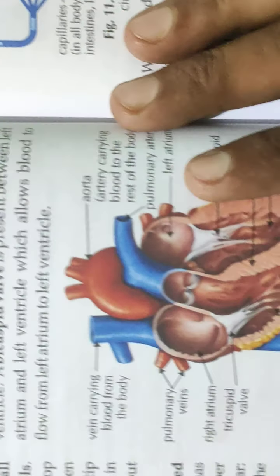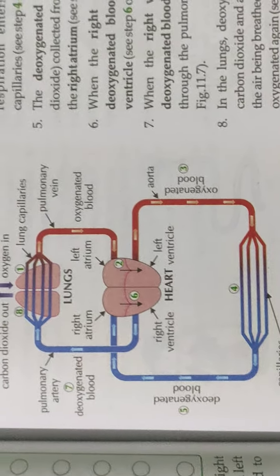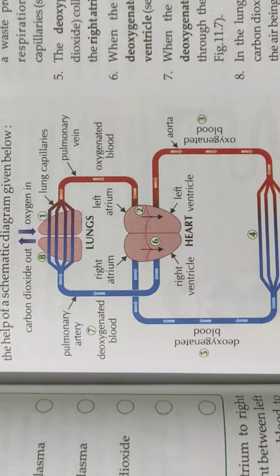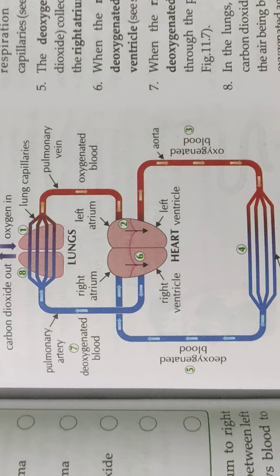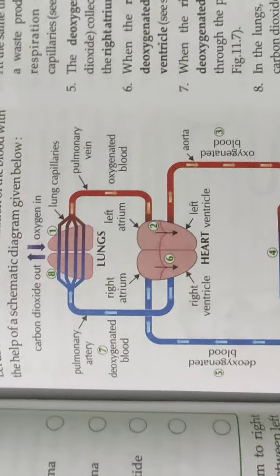How is the blood circulated in the human body? You can see in figure 11.7 a schematic diagram of blood circulation in the human body. The blood is circulated in the human body by regular contraction and relaxation of the heart.